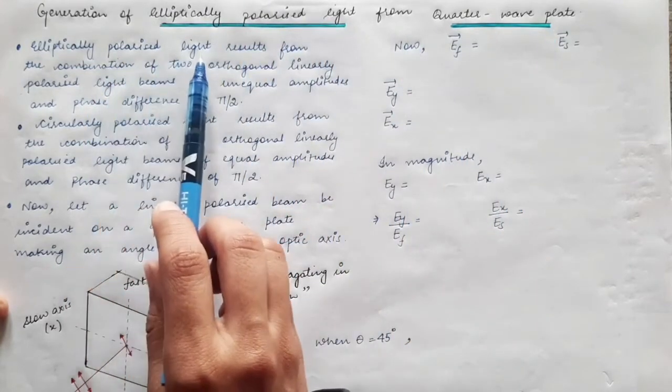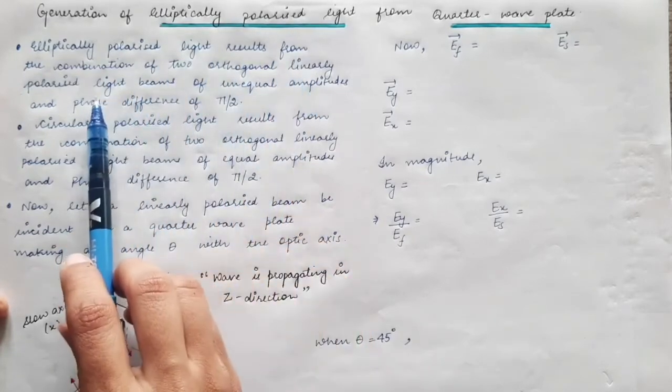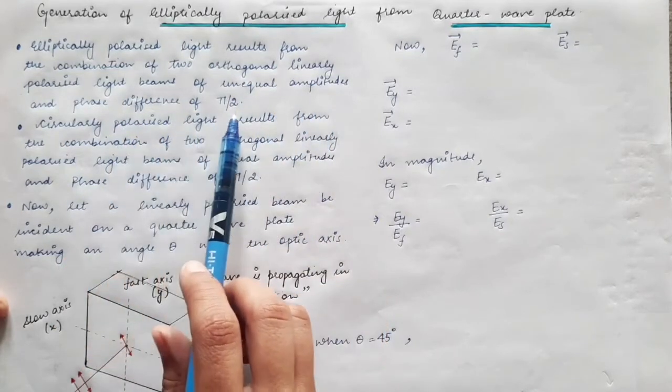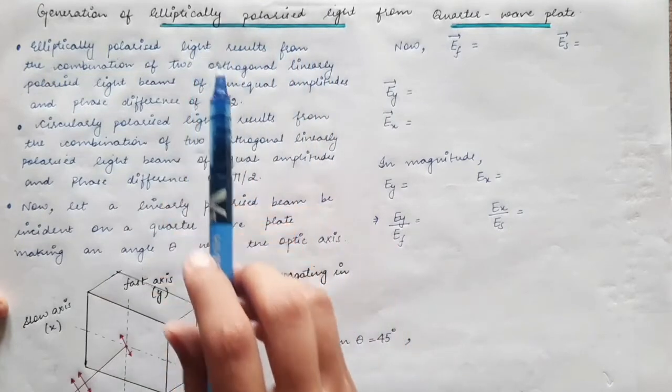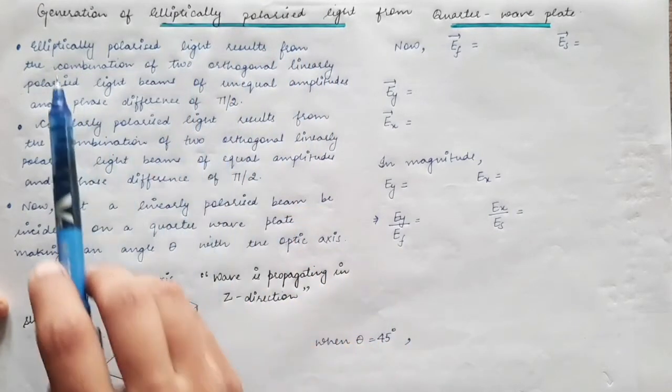Elliptically polarized light results from the combination of two orthogonal linearly polarized light beams of unequal amplitudes and a phase difference of pi by 2. This is just the definition that we have already done in one of the lectures.